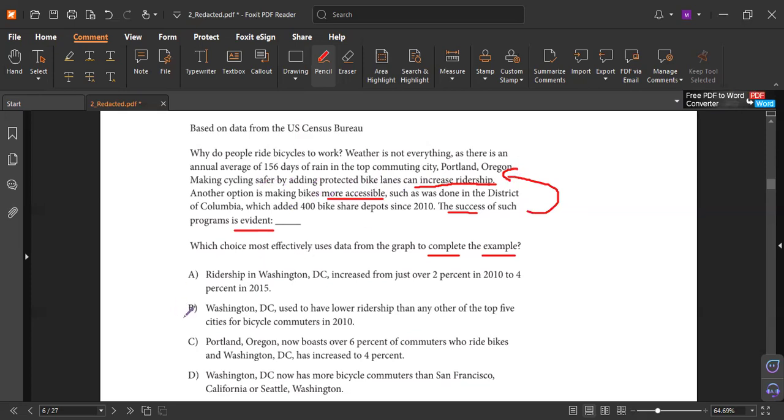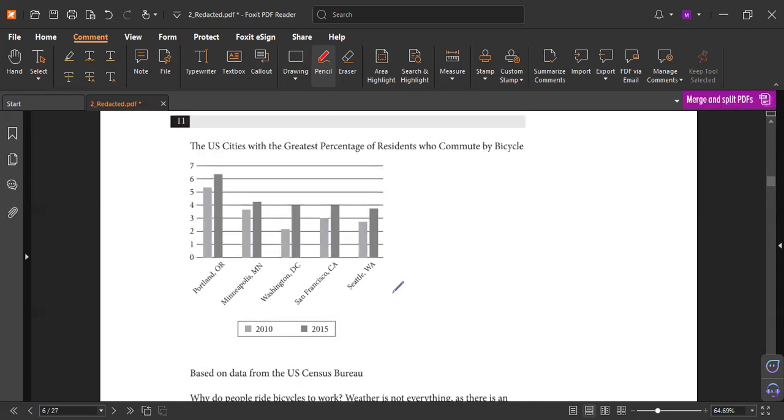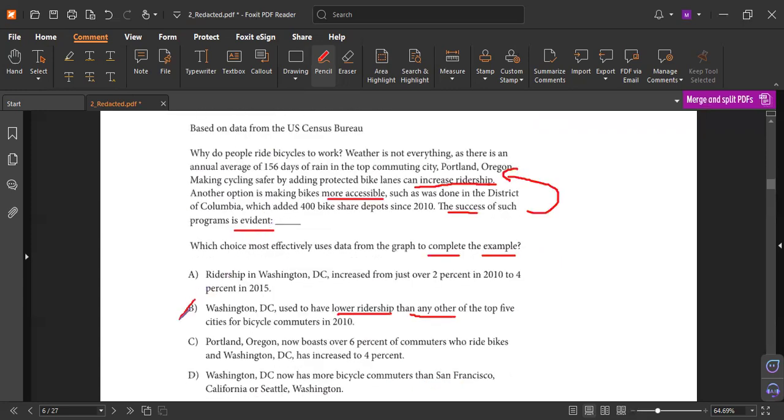If you found letter B, he said, used to have lower than other of the top 5 cities. Okay, but we're not talking about whether it became lower or not. That means letter B does not support the example of increasing, but letter A supported.